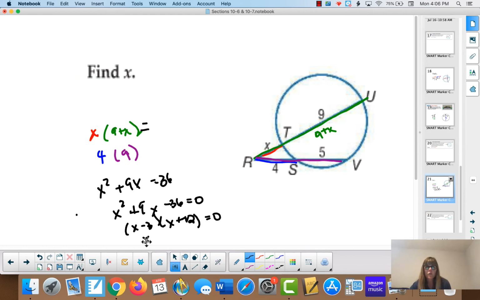So x could be 3, or x could be negative 12. Well, negative 12 doesn't make sense because this outside piece can't be negative 12. So x has to equal 3.